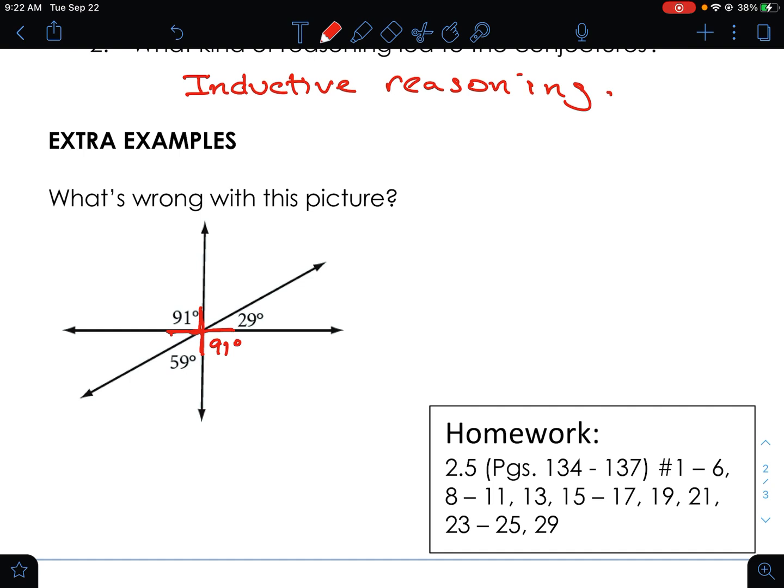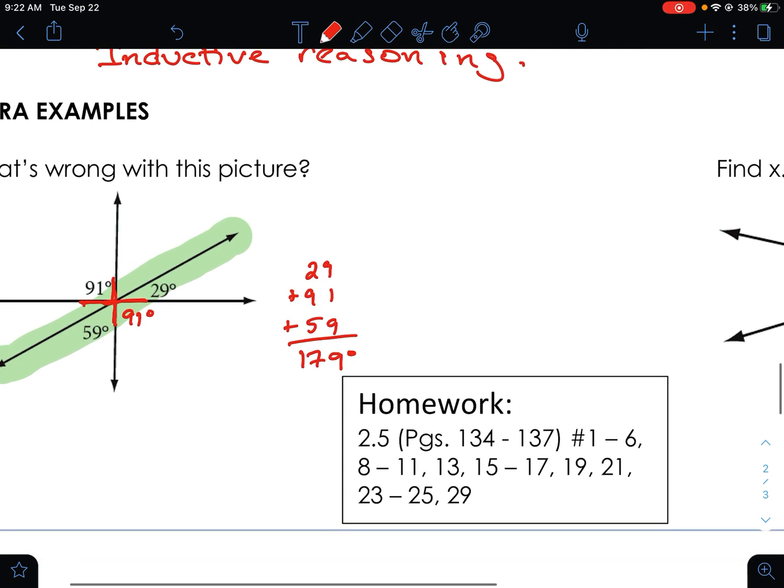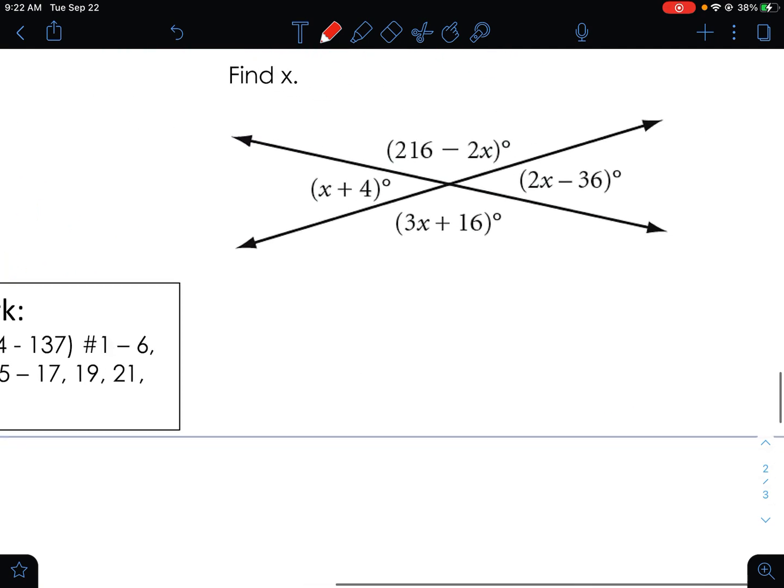Now, we know that when we have a straight line right here, that these angles should sum up to 180 degrees. So if we check this, 29 plus 91 plus 59, what we find out is that really gives us 179 degrees. So using what we know about vertical angles, we're able to figure out that those labels aren't correct, because it comes up 1 degree short from what it needs to be.